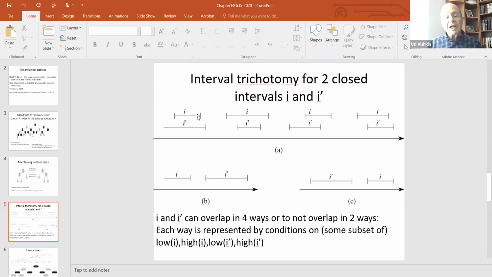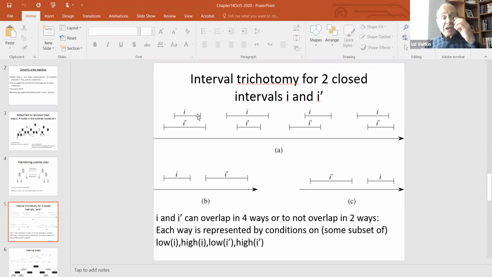And what I would like my data structure to represent, or be able to address, is whether they overlap. More particularly, I'd like to have a data structure where if you now give me another interval, a new interval, I would like to know if that interval intersects any of my intervals or not. And if it does intersect, give me one that it does intersect. Okay.